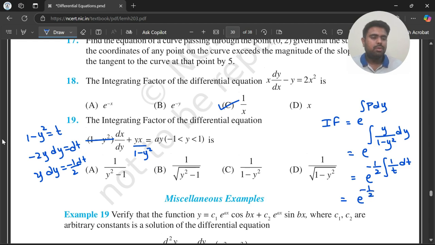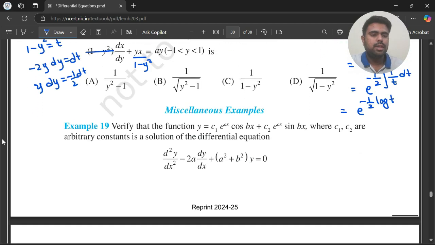minus 1 by 2 log t. So which is equal to e raised to, if I take the minus inside, minus log t is log 1 by t, so it will be 1 by 2 log of 1 by t, which is equal to e raised to log of 1 by t whole raised to 1 by 2, right?